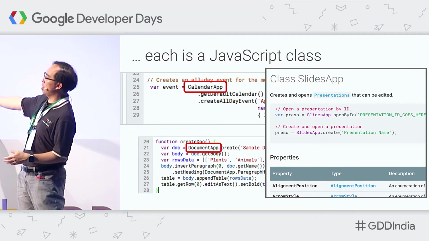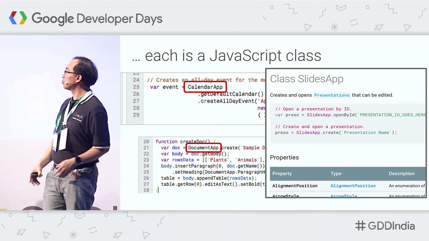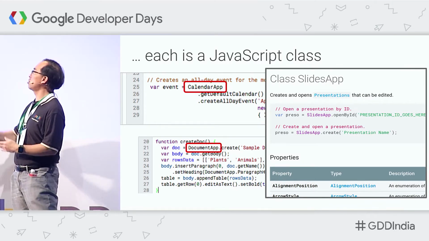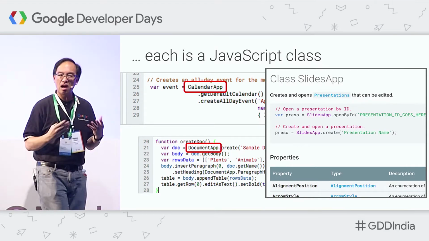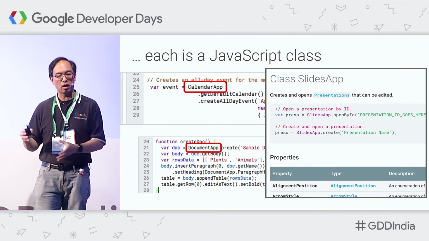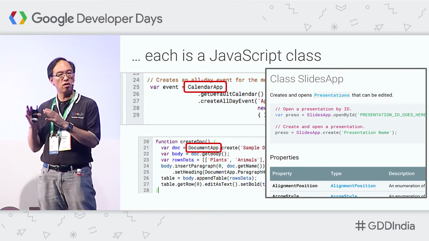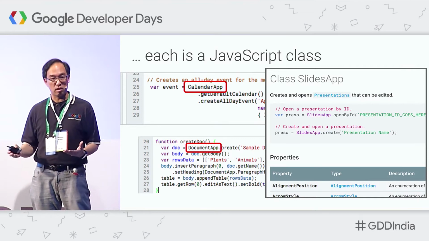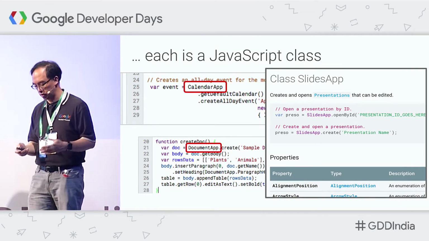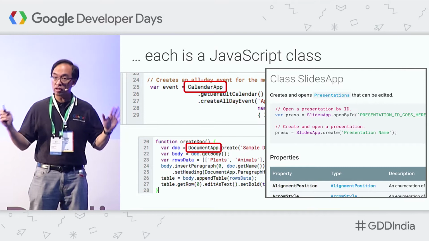So the example from the page in the docs is for Google Slides, where you can open a presentation or you can create a new presentation. So it uses SlidesApp, all right? So that's how you access Google services. You have one JavaScript class, and then from that class, you have a whole bunch of methods that you can call to access those particular document types or those services. All right, everybody good so far?